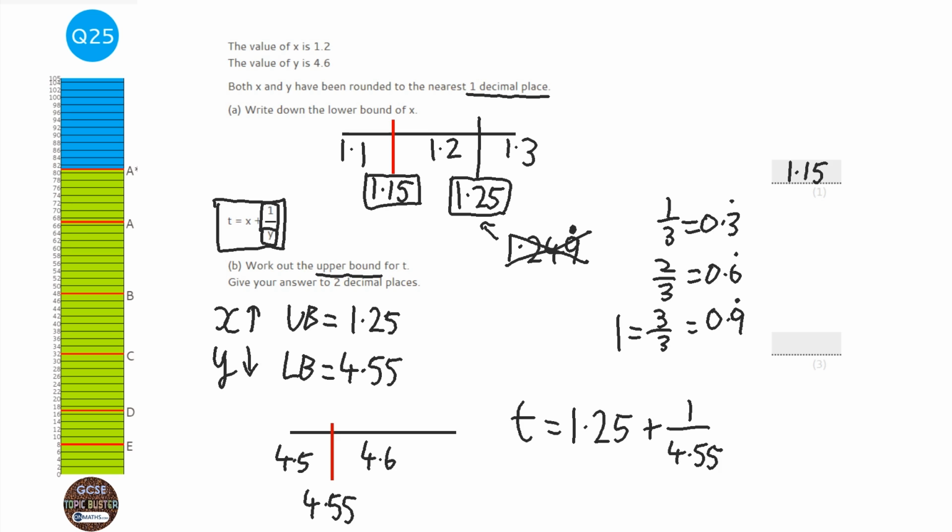Let's just do that on the calculator. 1.25 plus fraction button 1 over 4.55, and I get the answer 1.46978 and so on. It says it wants it to 2 decimal places, so it's going to be 1.47 because that 9 would round that 6 up.